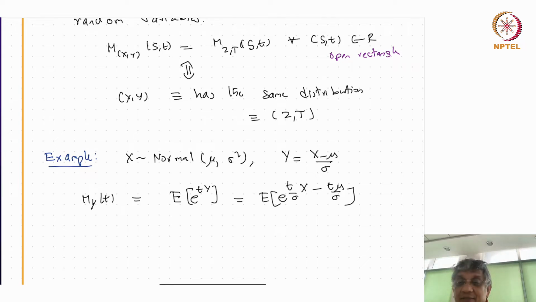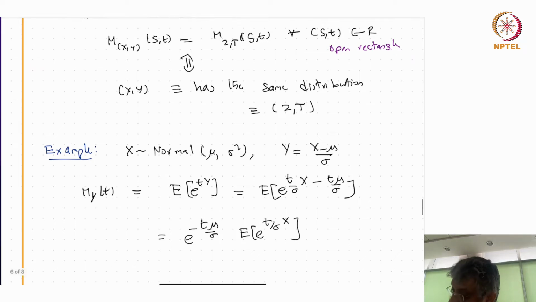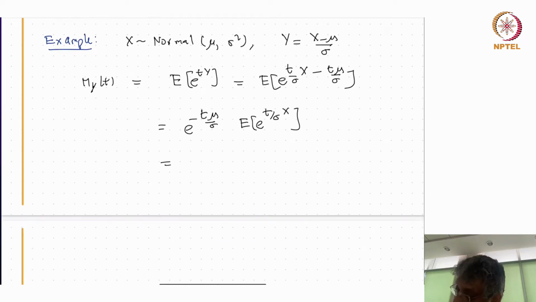Now e to the minus t mu by sigma will come out, and inside I'm going to have expected value of e to the t over sigma times x. This is just e to the minus t mu by sigma times m sub x at the point t by sigma. This is the moment generating function evaluated at this new point t by sigma.